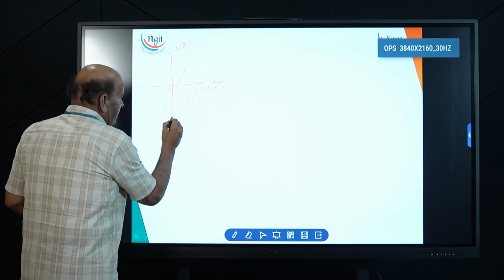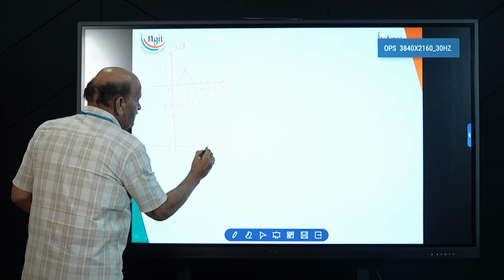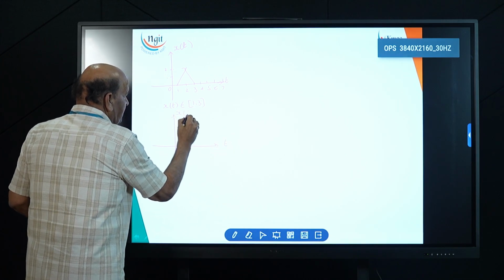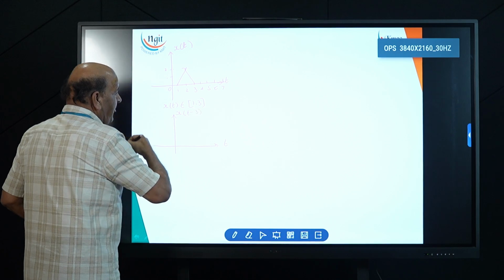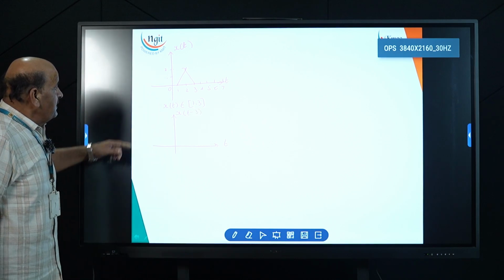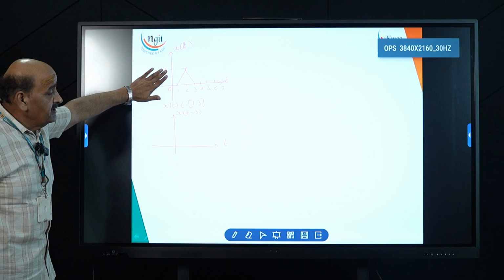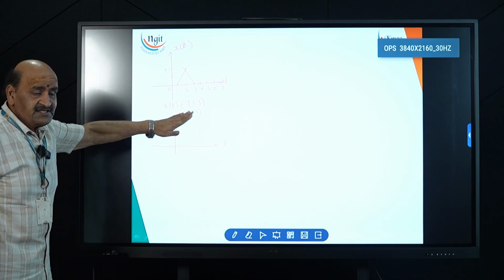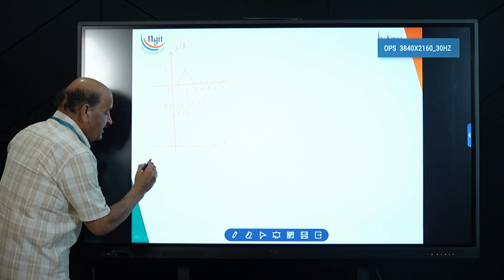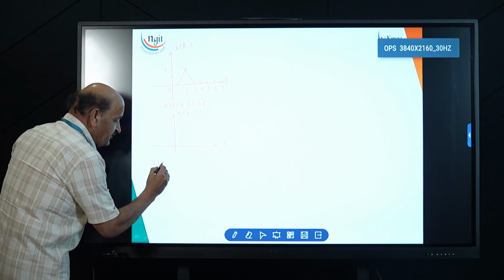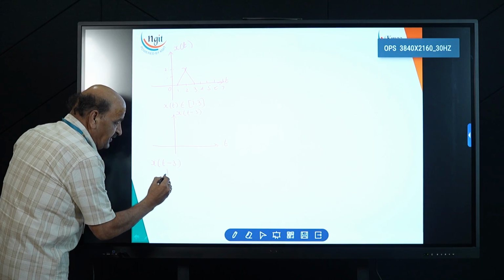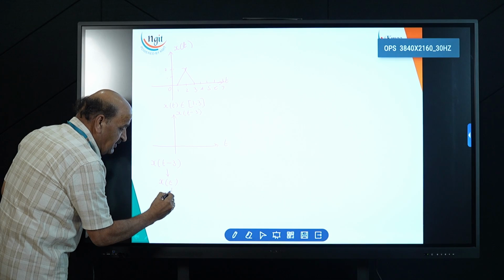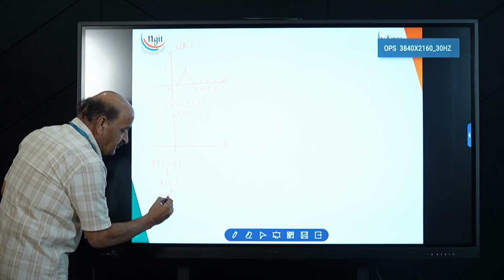If we want to draw a signal of, for example, x of t minus 3, this signal will be given. They will ask you, draw a signal of x of t minus 3. So students have to understand like this. X of t minus 3. The basic signal is x of t. From the basic signal, there is a negative sign.